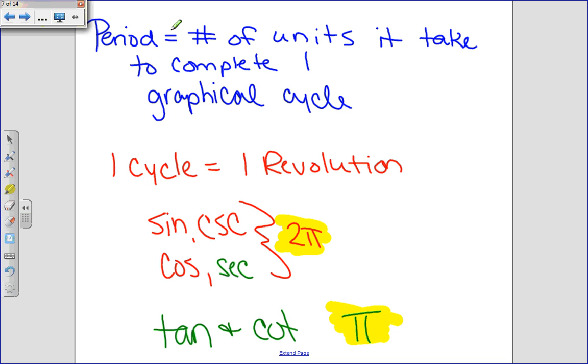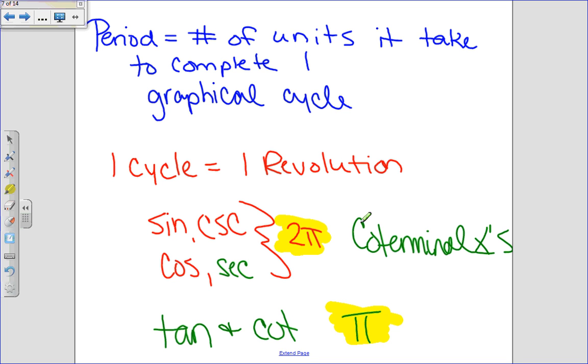Well, what are we talking about? For the sine, cosine, secant, and cosecant graphs, to go one revolution around the unit circle, it is going to be 2 pi units. In other words, that 2 pi is how you're going to find the coterminal angles. That's what's helpful, okay?